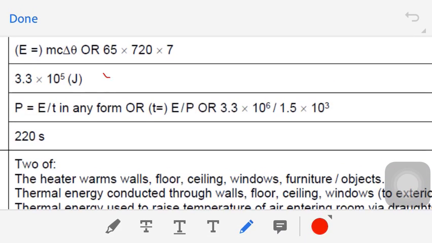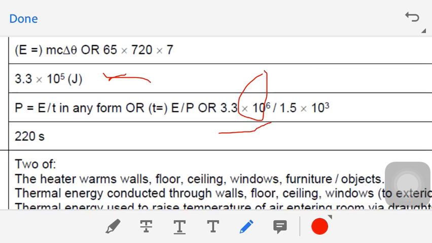If you look here, it shows 10 to the power 5, but if you look here, it shows 10 to the power 6. 3.3 into 10 to the power 5 here, and 3.3 into 10 to the power 6 here. So this must be some printing mistake while converting to PDF or something. So don't be worried about that.